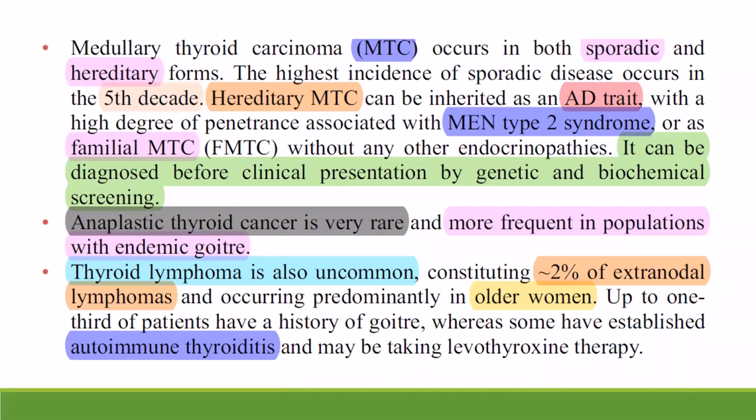In this situation, we should perform total thyroidectomy before age 5 in case of MEN type 2A, and before the age of 1 year in MEN type 2B.